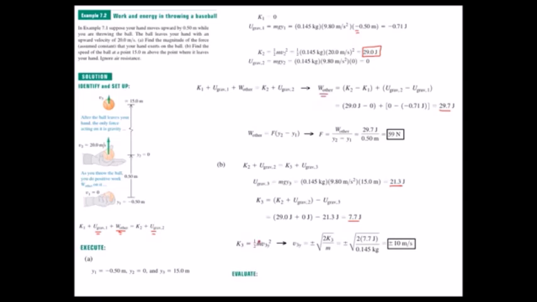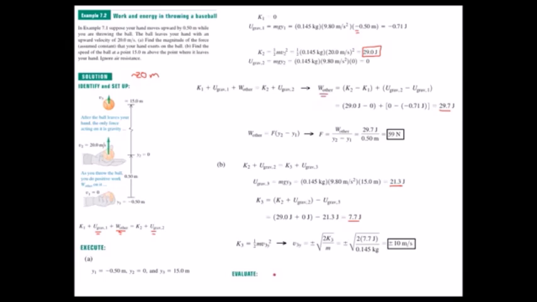Now if I evaluate the solution, I note that again, after the ball leaves y2, the total mechanical energy is always 29 joules. But in fact, at this position, the ball's about 3/4 up to its maximum height. The maximum height from the previous problem was about 20 meters. So the ball is 3/4 up, and indeed if I look at how much kinetic energy is left at this position, as it's moving up, kinetic energy is being turned into potential energy.